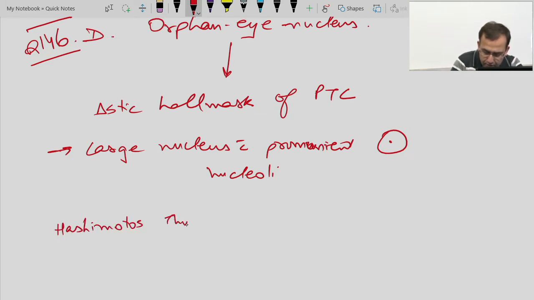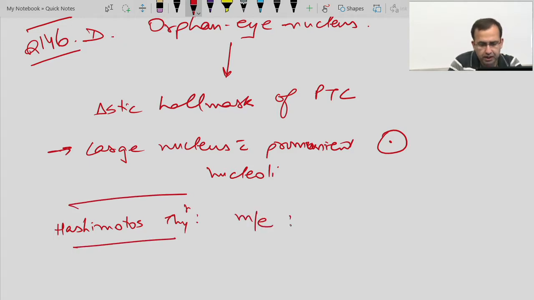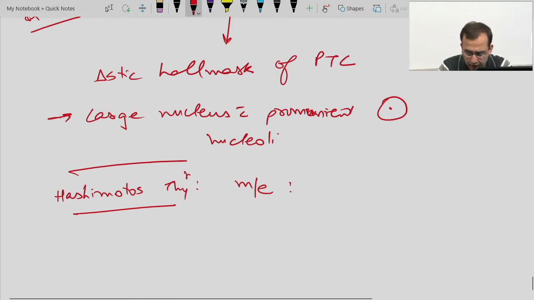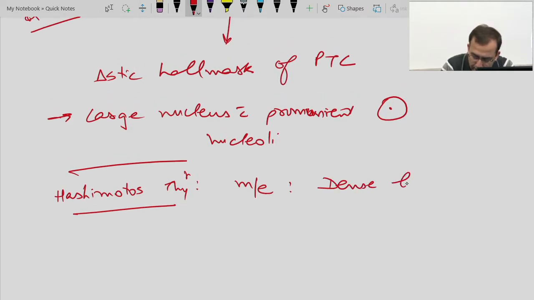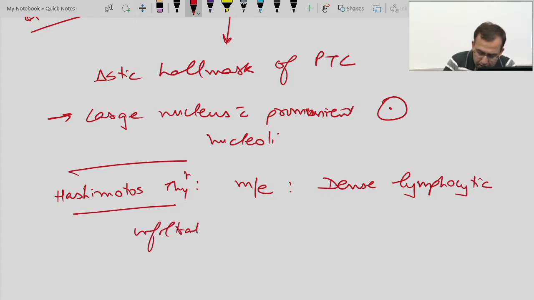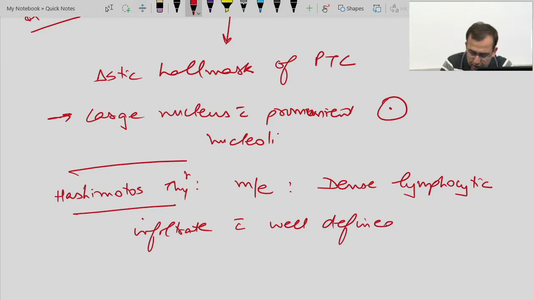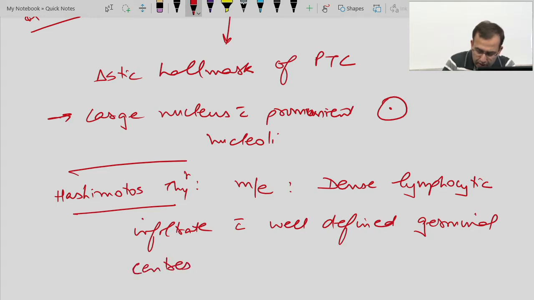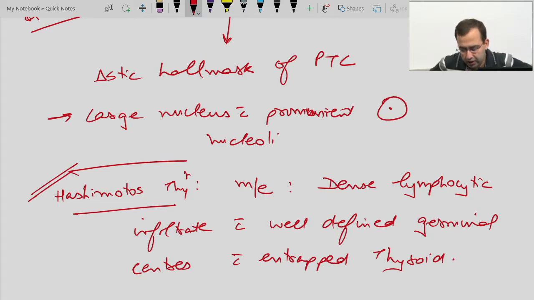Versus Hashimoto's thyroiditis, which microscopically shows a dense lymphocytic infiltrate with well-defined germinal centers, with entrapped thyroid.